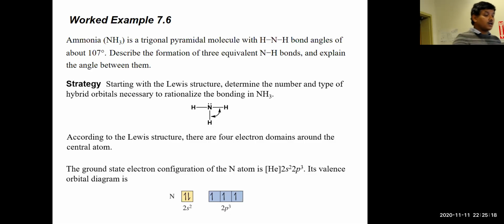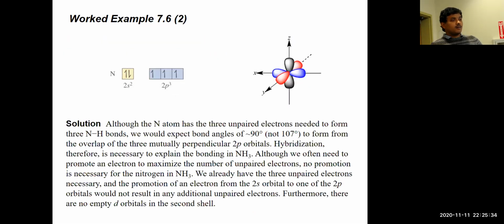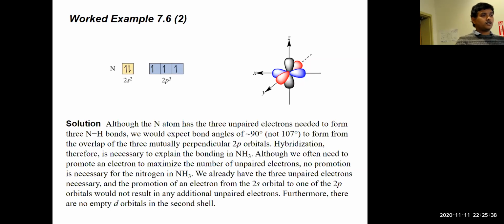So this is the ground state electronic configuration of nitrogen, 2s2 2p3, but it's not currently helping us to correctly predict the bond angles and the molecular geometry. So we are going to discuss that. Because if you look at the nitrogen electronic configuration here, 2s2 2p3, if those 3 N-H bonds were from these p orbitals, they would be perpendicular to each other.